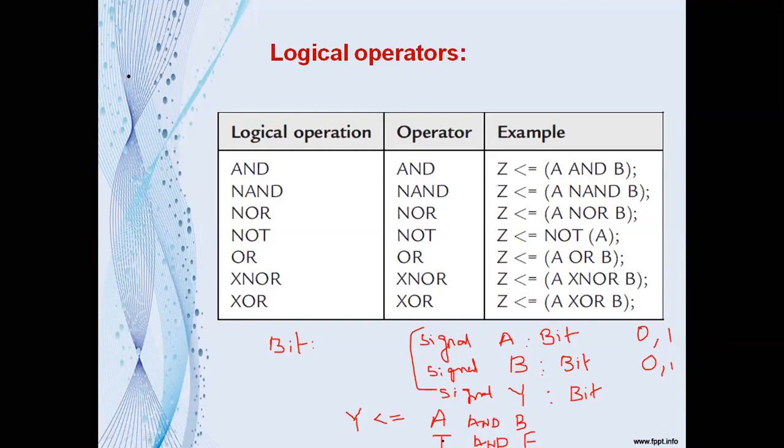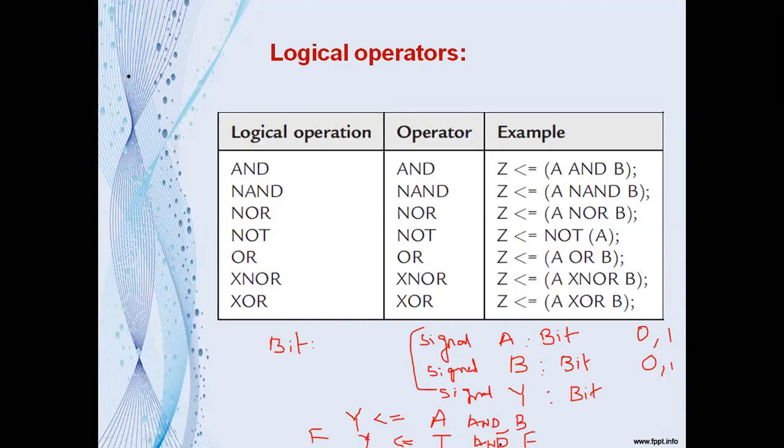The signal A is assigned the value T, true, and the B signal is assigned the value false. So now if you perform the logical AND operation between true and false, what is the expected value here? The expected value of Y is F, false.